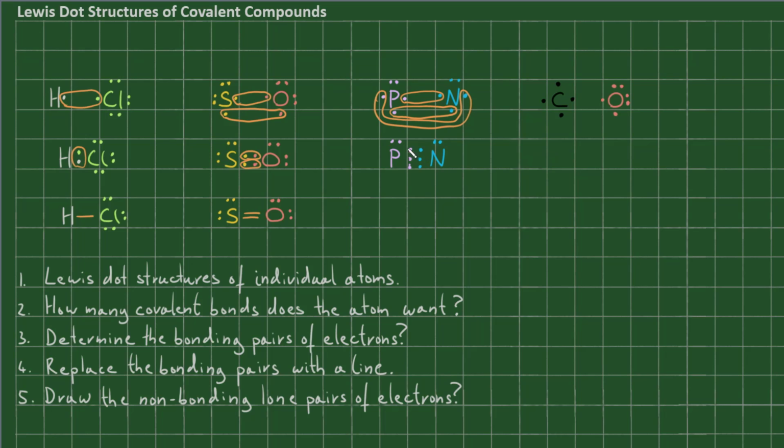And now, 3 pairs of electrons are being shared between phosphorus and nitrogen. This means that between the symbol for phosphorus, P, and the symbol for nitrogen, N, I will have 3 lines representing a triple covalent bond. And let's not forget the lone pairs. So here they are as well.